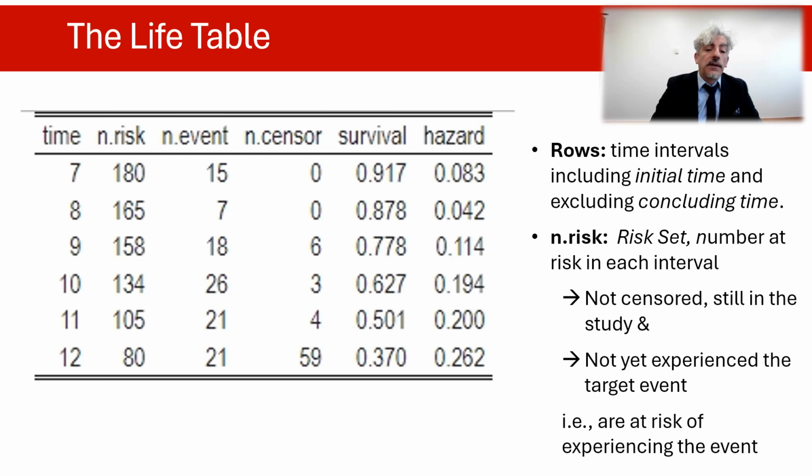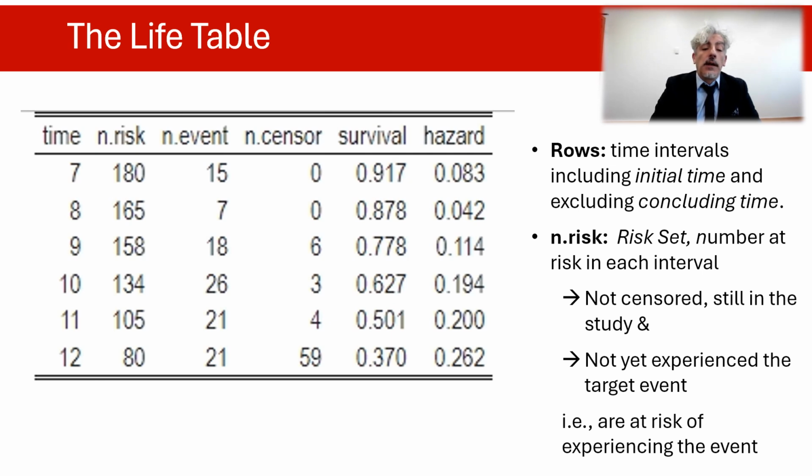The N risk column reports the number of participants that were in the study and had not yet experienced the target event at the beginning of that specific interval. So for example, at the beginning of interval 7, year 7, the beginning of time, all participants had not yet had sexual intercourse by design.